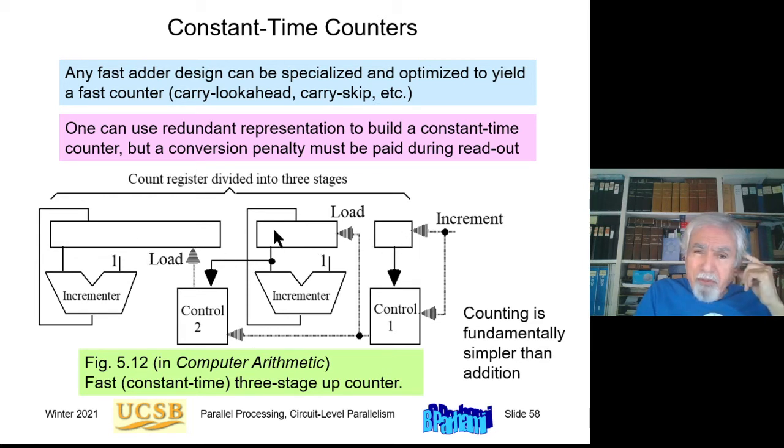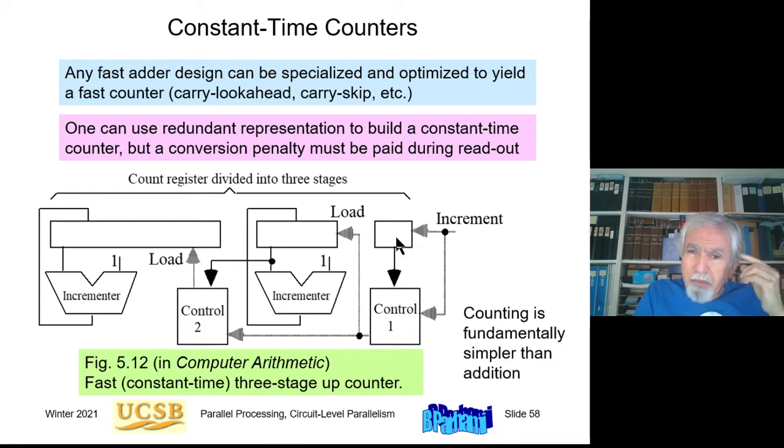In this case, I've shown only 3 segments, but this can be generalized to more segments. The idea is to have the counter operate at the speed of this short segment, even though the count is much, much wider, okay?